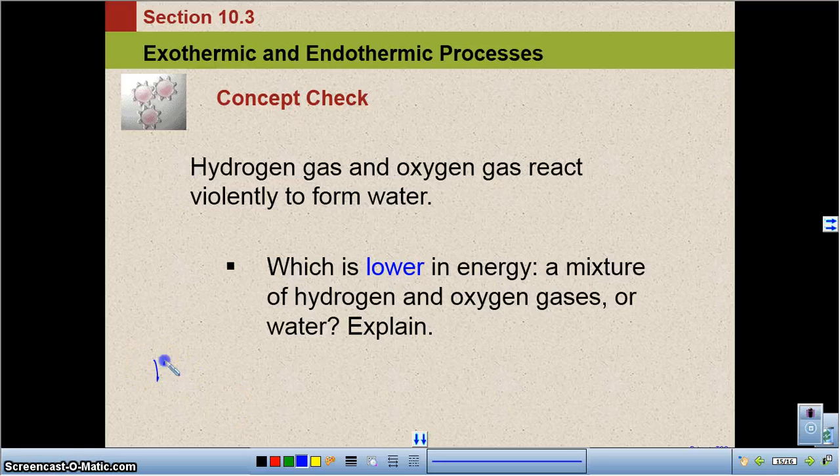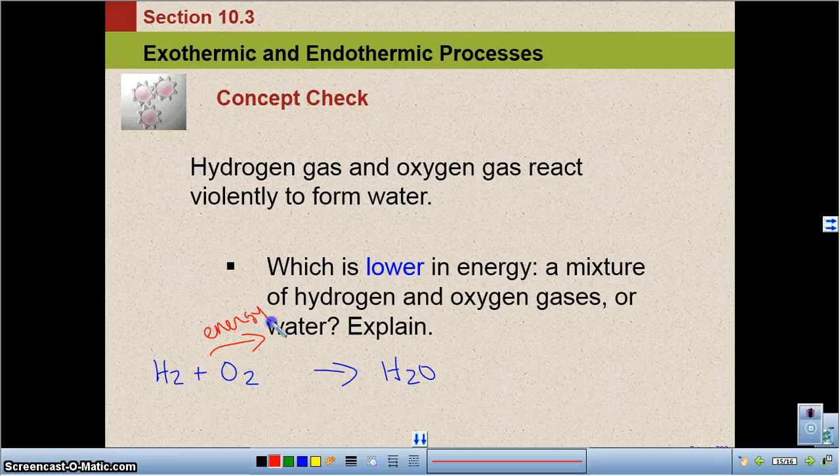We have hydrogen gas and oxygen gas, and we're going to produce water. It tells us right here that the mixture of hydrogen and oxygen gases is going to react violently. So what does it mean if it's going to react violently? That means there's going to be an extreme amount of energy given off.